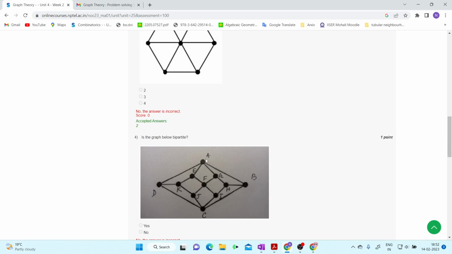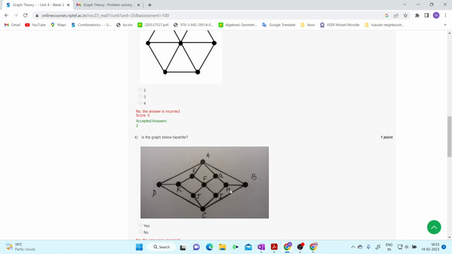You fix a vertex A, and construct two sets. The first set is the set of all vertices whose shortest distance from A is even, so put A and those even distance vertices in one set. The other set is the set of vertices which have odd distance.